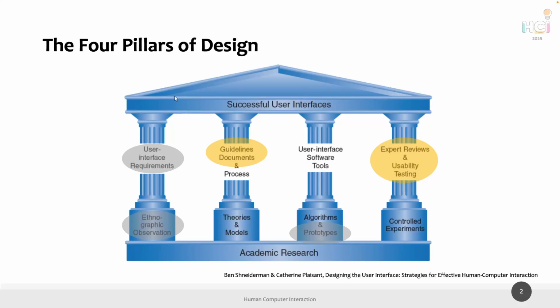So you have already seen this picture, and the key message here is that evaluation is not something that happens at the end of the design process only. You should have different evaluations in your design process, which is actually an iterative process. So the goal is always to fix issues as soon as possible.